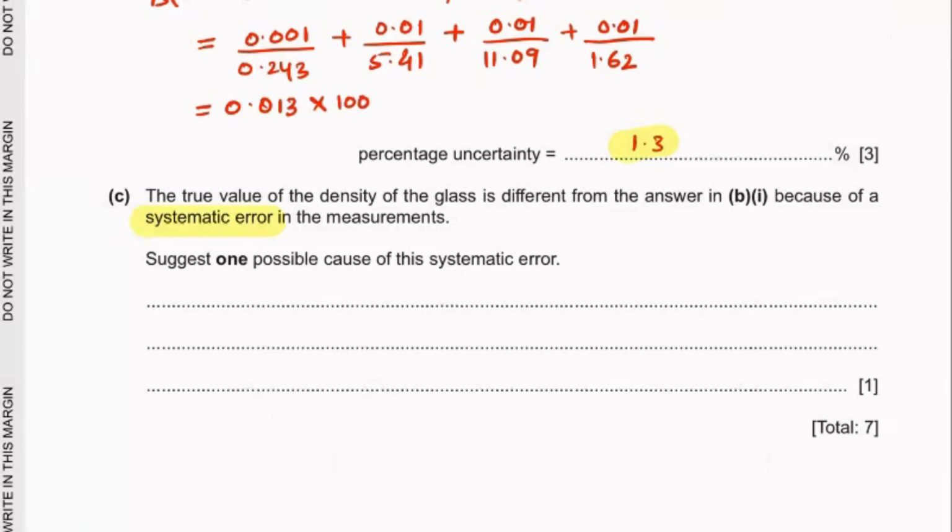There are the measuring devices we are using over here. The first one is the vernier caliper, the meter rule to measure the depth and length of the cuboid, and the beam balance to measure the mass. So there could be a zero error during the measurement.